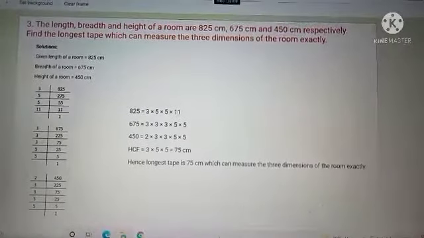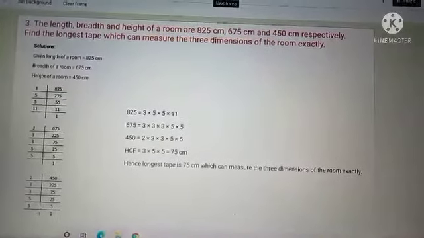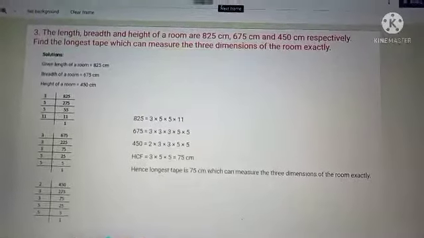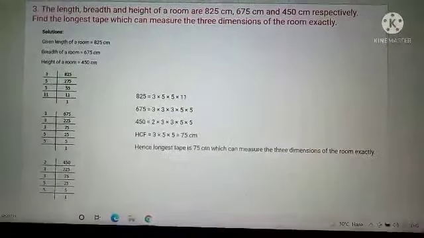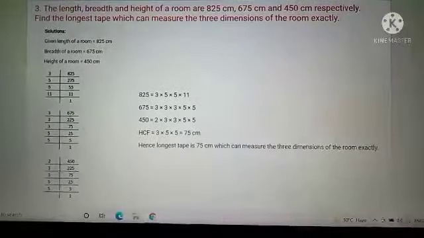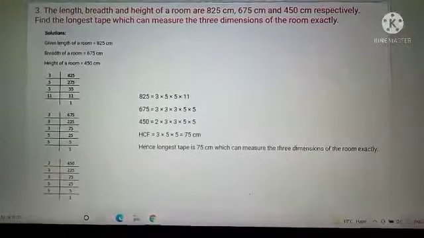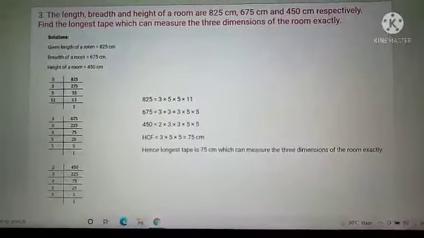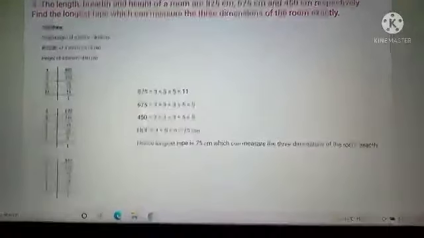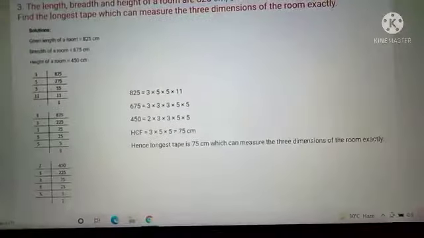Longest. They are not asking about the shortest. Longest means highest common factor, HCF. So we have to find the HCF of 825, 675 and 450. So we have to factorize it first.